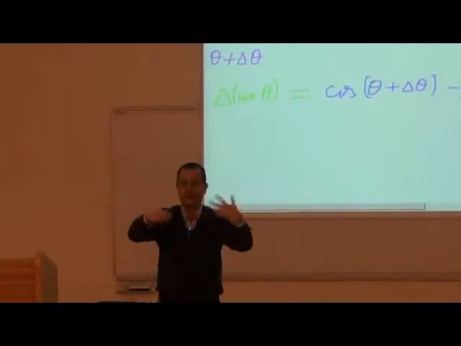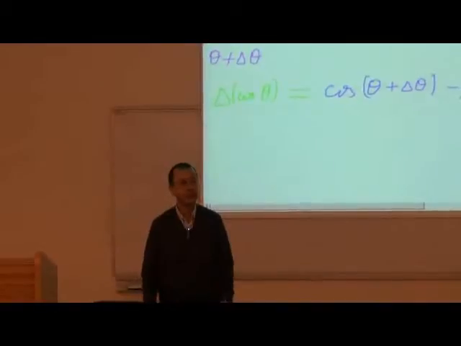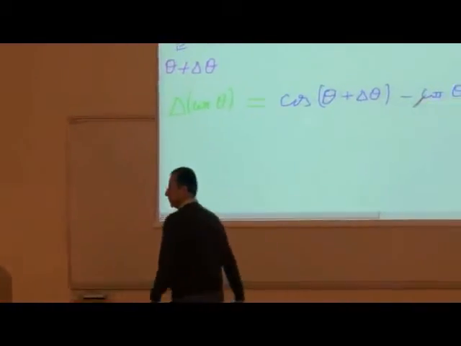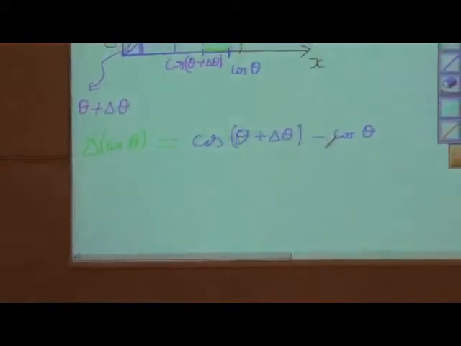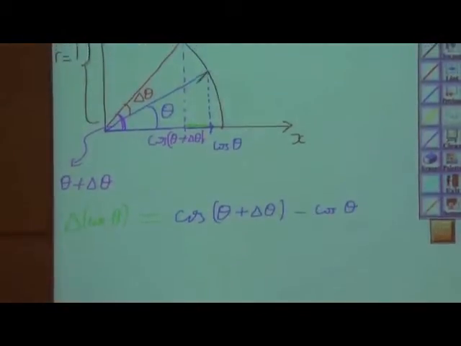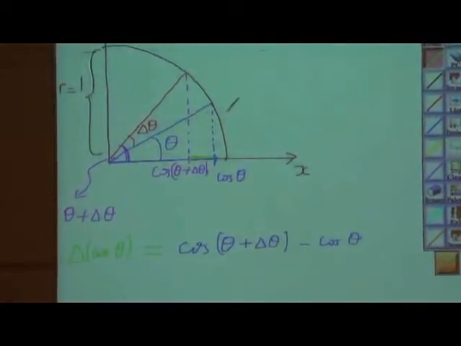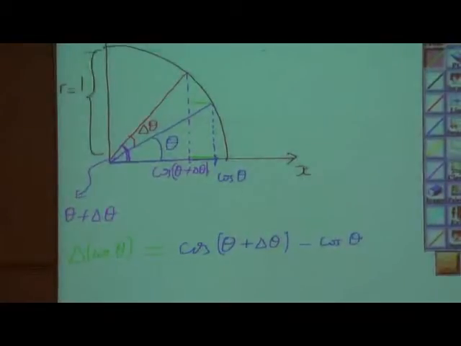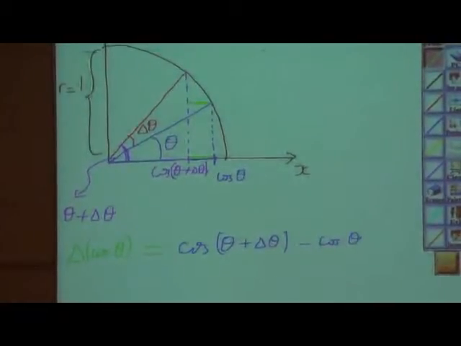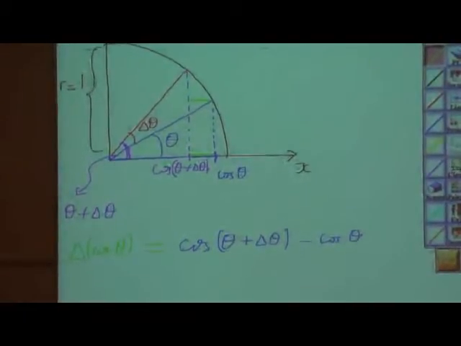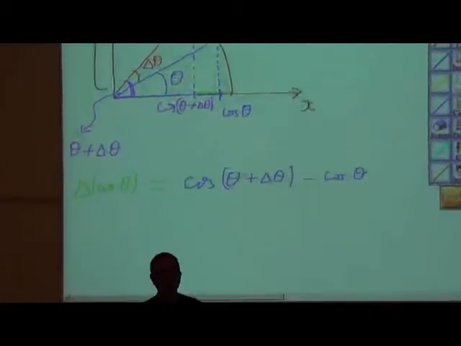So let me also write that down. The change in cosine theta is the new value of cos theta, which is cos of theta plus delta theta, minus the old value of cos theta. Okay?